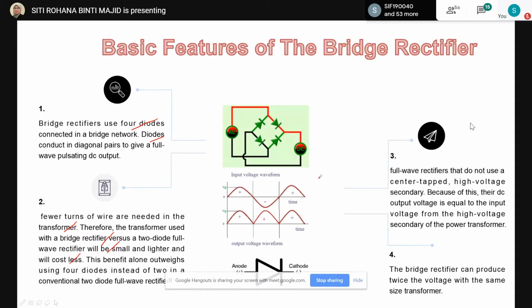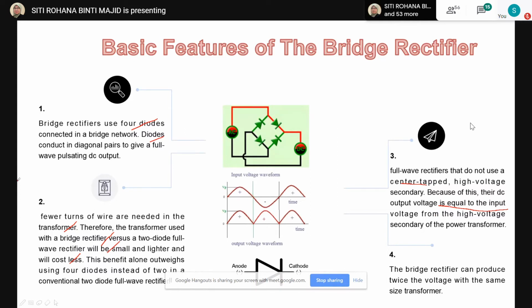So this full wave rectifier, the bridge rectifier, does not use any center tap transformer, which is a high voltage secondary, and also this DC output is equal to the input voltage from the high voltage secondary of the power transformer.